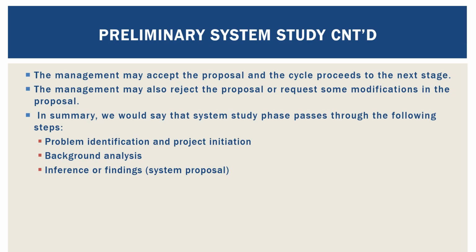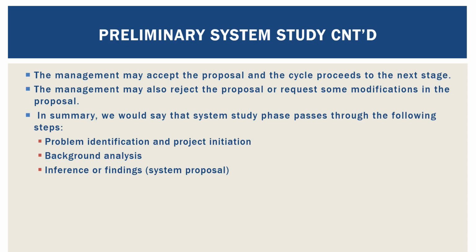So in summary, we could say the system study phase passes through the following steps. Number one, problem definition and project initiation. Then background analysis, and lastly, inference or findings. In problem identification and project initiation, you identify the problem and look at how you are going to initiate the project. Background analysis is where you need to understand more about the organization.